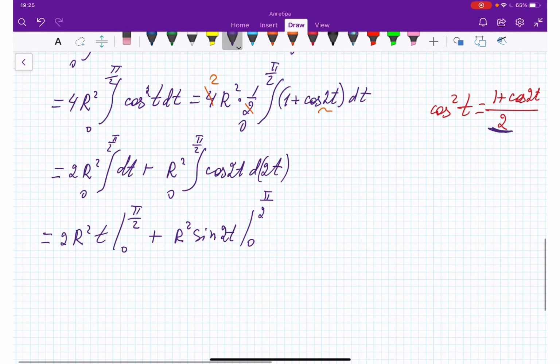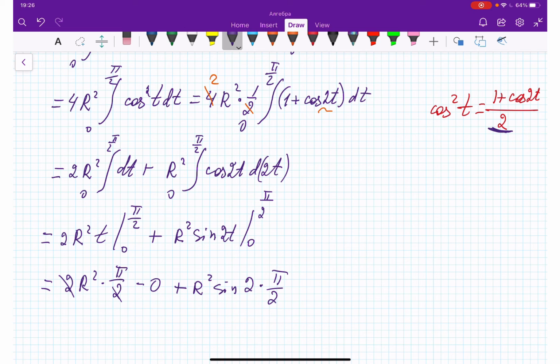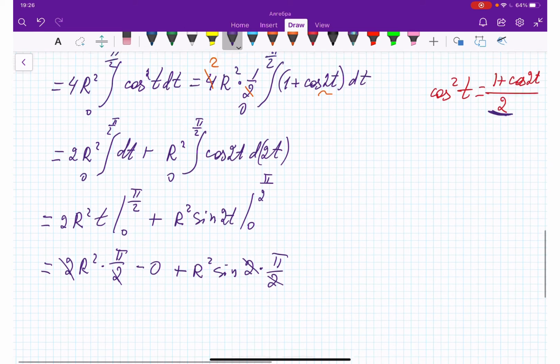and we are getting 2r squared times half a pi, these 2 and 2 gone, and minus 0 obviously here, and then plus r squared sine 2t. Instead of sine 2t, I'm doing multiply times twice pi over 2, and I'm getting sine pi, right?